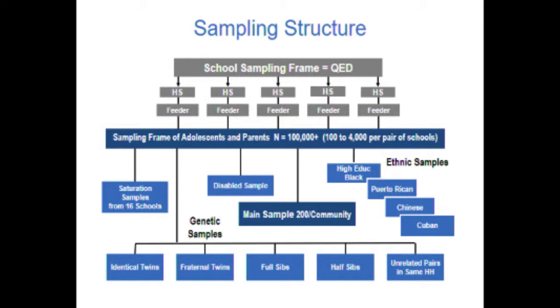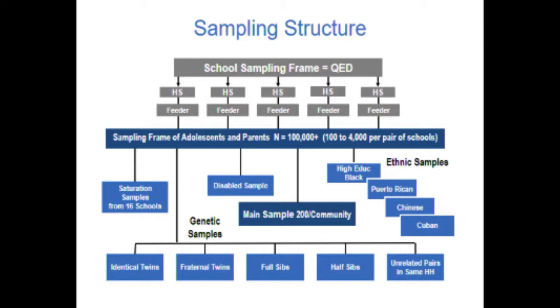This was a school-based design. We selected a sample of 80 schools from a list of all high schools in the United States. That's all schools: public, private, magnet, disabled, and special ed schools.